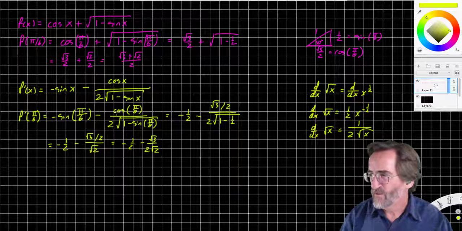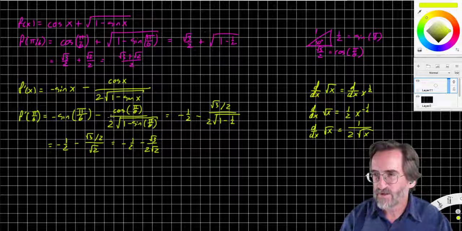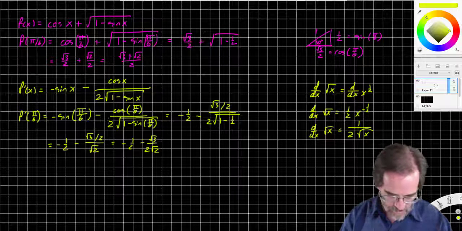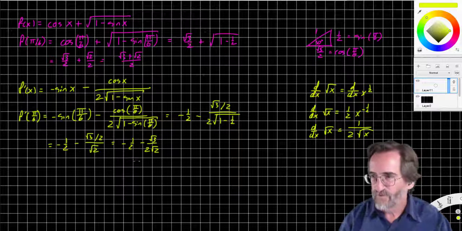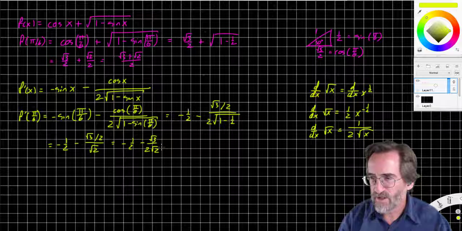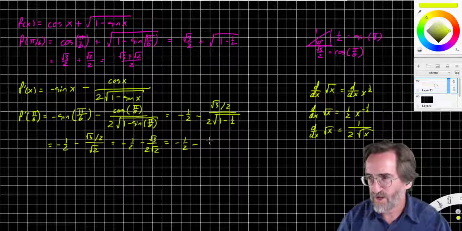Making sure that that's right here. Okay, let's see if we can simplify this. I'm going to multiply top and bottom by root 2 over 2, so negative 1/2 minus root 3 root 2 is root 6 over 2 times 2, or 4.